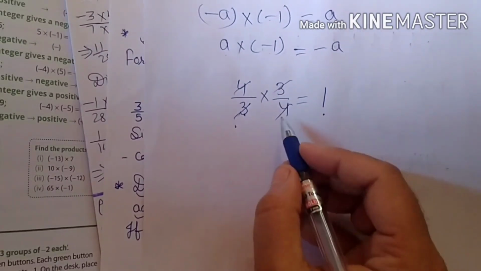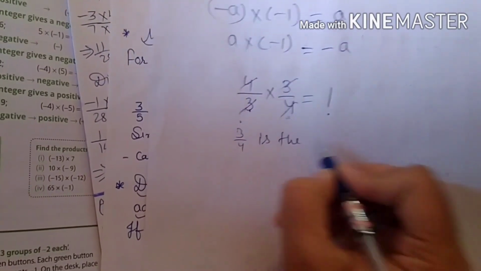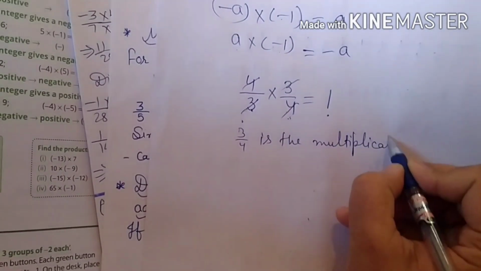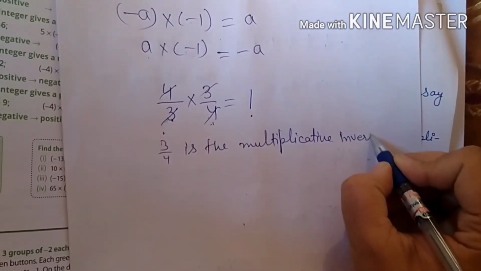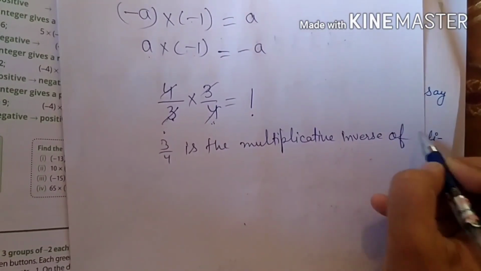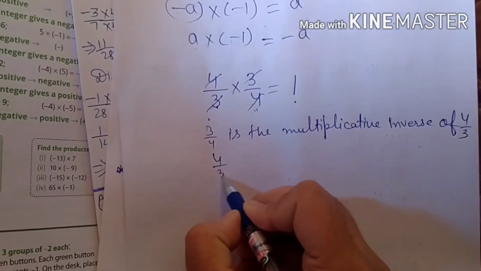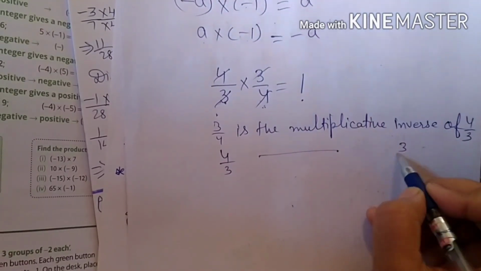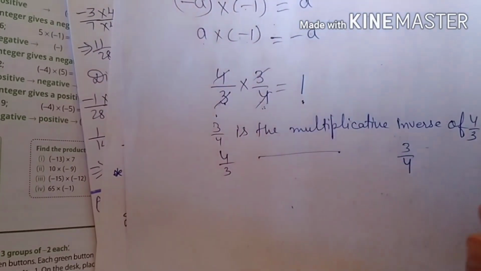Or we can say that 3 upon 4 is the multiplicative inverse of 4 upon 3. Also we can say that 4 upon 3 is the multiplicative inverse of 3 upon 4, because the answer is 1 here.